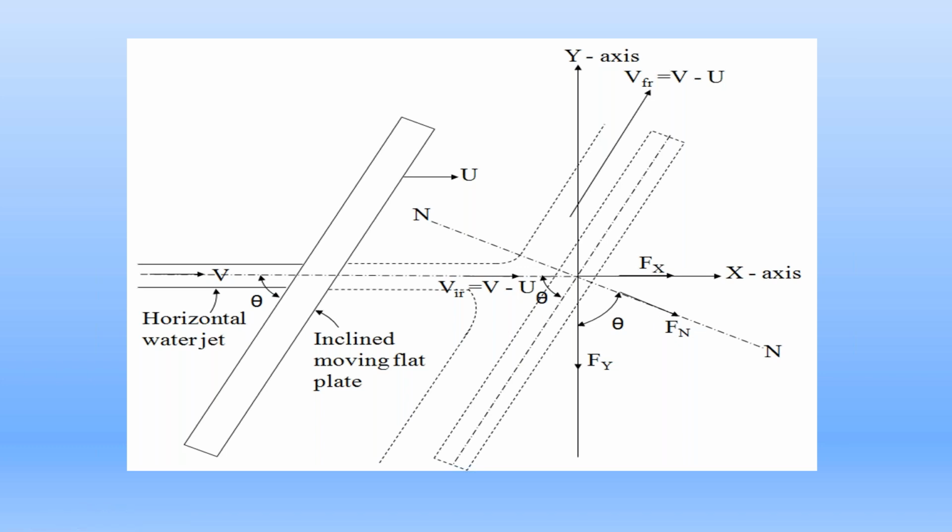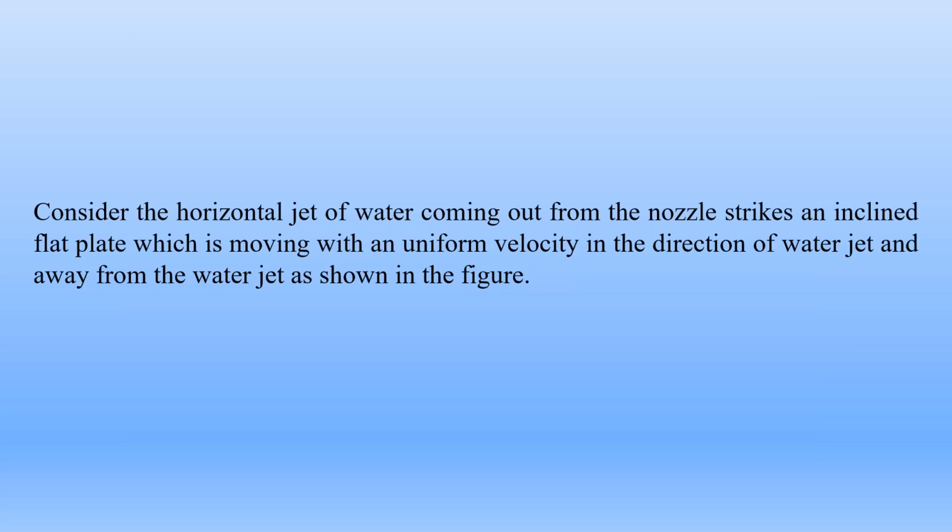So we are going to discuss in this impact the equation for the force Fn first. We know that in this impact, the water jet is horizontal. The water jet is moving with absolute velocity V, and the inclined flat plate is moving with absolute velocity U. The inclined flat plate is making the angle theta with the direction of the water jet.